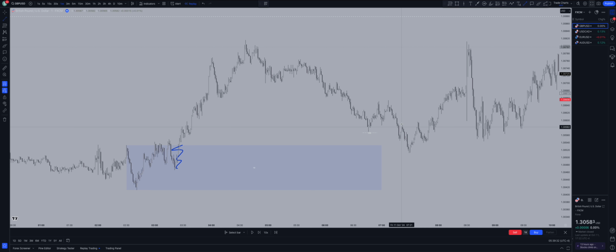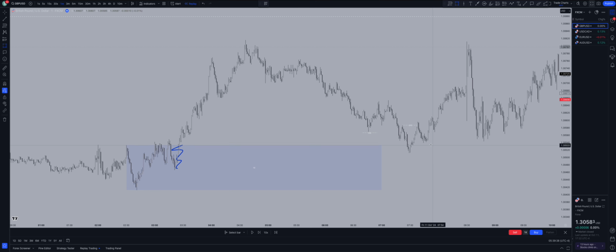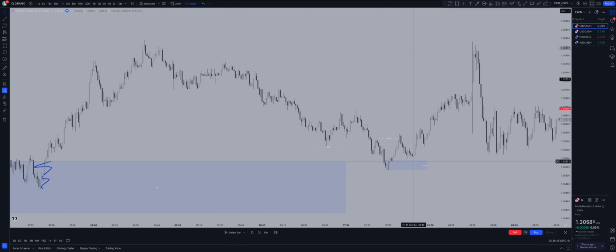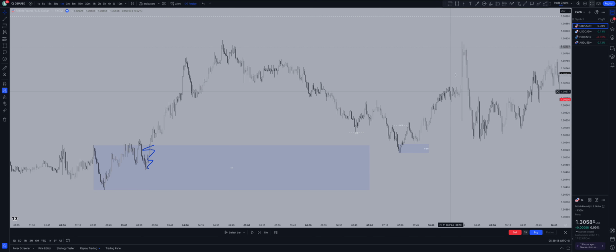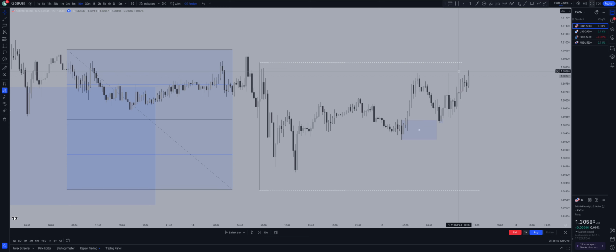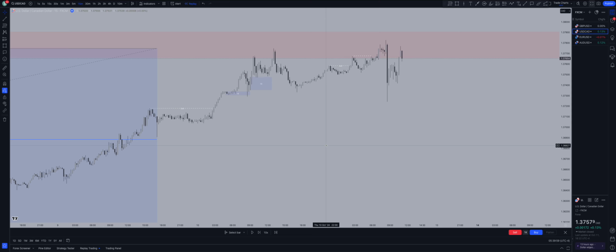We got a lower time frame order flow shift, in which case you could have looked to enter at the extreme. Price never came back and swept liquidity, so no trade there. And that seems to be, yep, that is the only POI where you could have looked at to enter on GU.